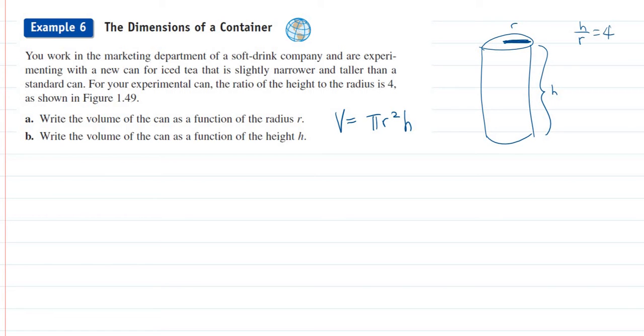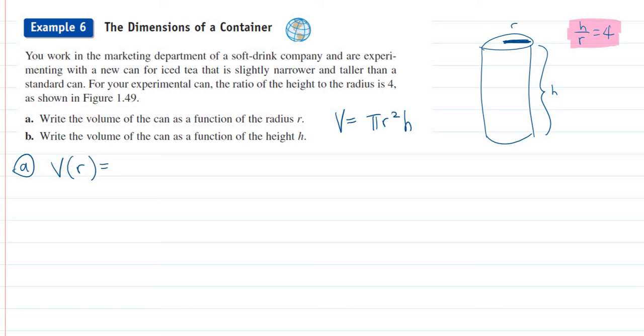If we want to write the volume as a function of the radius r, then r is our input, and everything needs to be written in terms of r. So we have pi r squared h, but we can't have h's also. So we're going to rearrange this information to solve for h so that we can substitute it in.